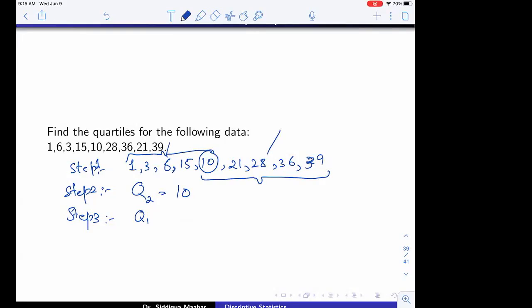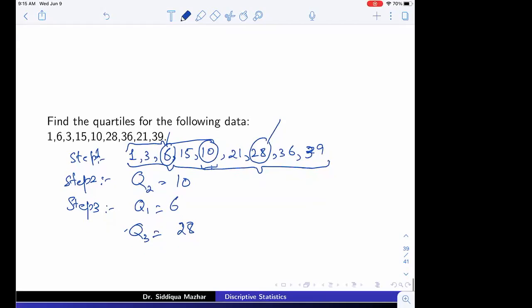All right. So if you have to find Q1, how will you find it? These are the five values on this side. The middle value is 6. So this is your Q1. And if you have to find Q3, the five values from here, the median of the upper half, is 28.